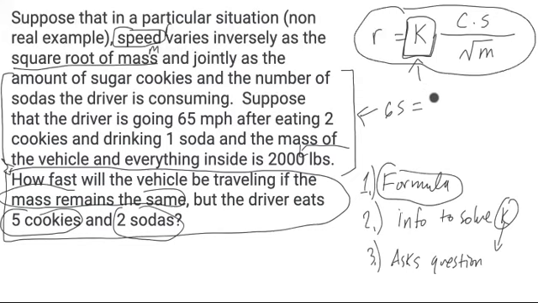So 65 is equal to some constant of proportionality. Let's see, the number of cookies, so 2 and 1 soda, all over the square root of 2,000. All right, so that means that the constant of proportionality is, so we multiply by square root of 2,000, 65 times square root of 2,000, all over 2.